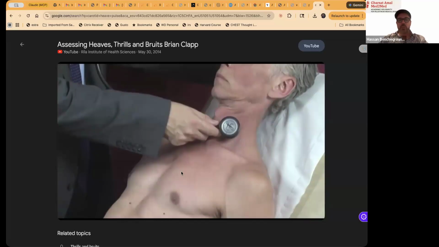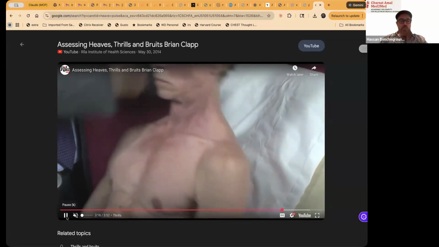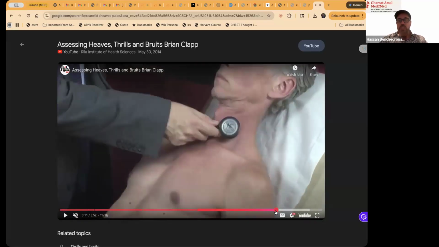So when you look at the carotid, the auscultation is done with the bell. It does not get done with the diaphragm because you want to hear if there is a bruit, a whooshing sound.